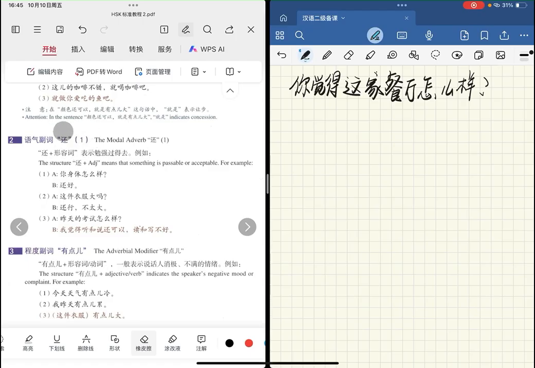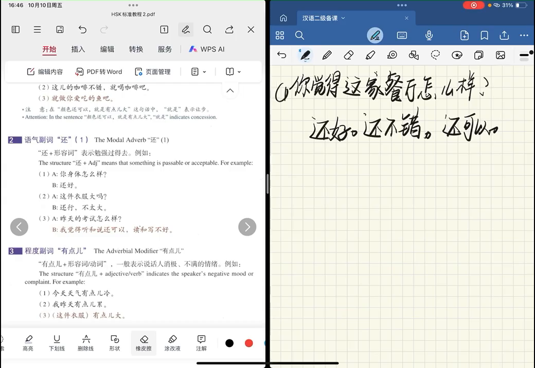We can use 还. We can say 还好 or 还不错 or 还可以, it's okay.